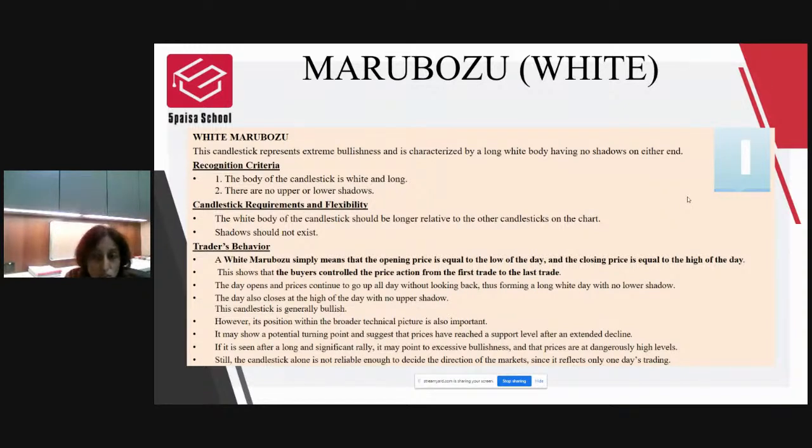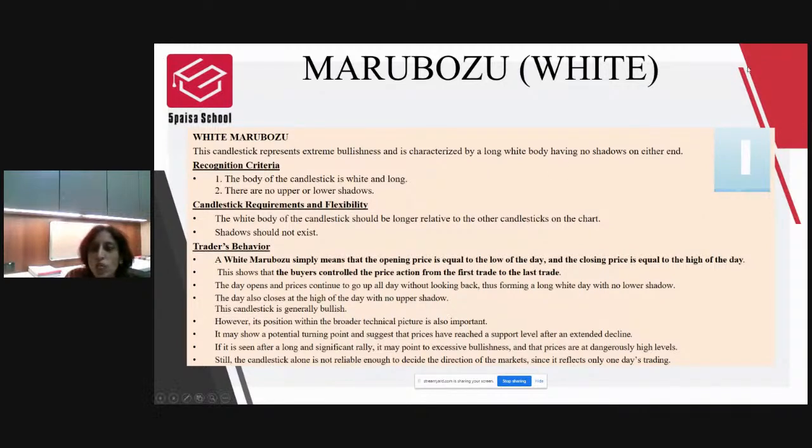So you have to be very, very cautious. If the prices are dangerously high, then it might indicate that going ahead there will be some decline due to some kind of profit booking. And yes, don't bank upon a single day's chart type to take your decision.